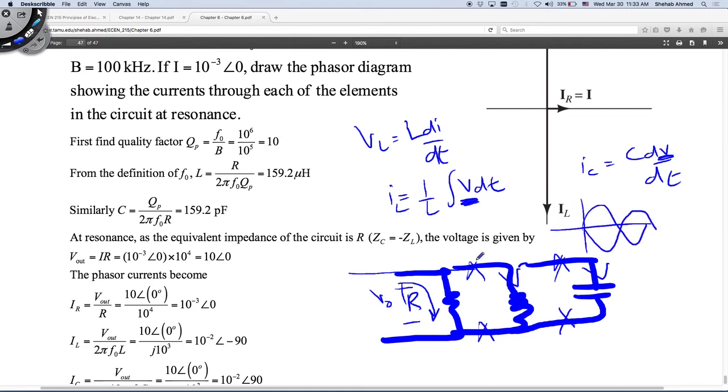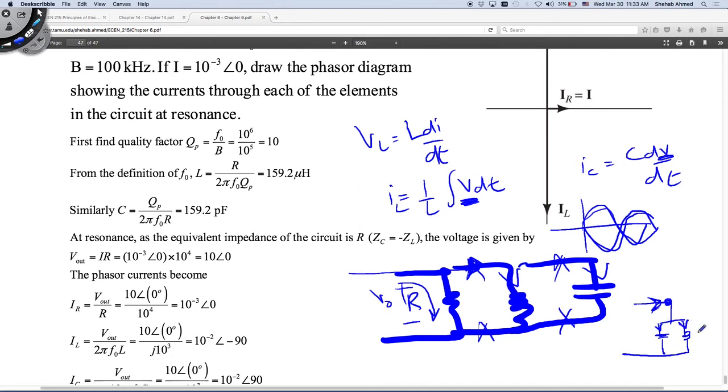So the sum of the currents going into this combination is 0, because the capacitor's current is like this, the inductor's current is like this. So what is the sum of the current? So this is a node here, and I have a capacitor here and my inductor here, right? And I know my capacitor current and inductor current.